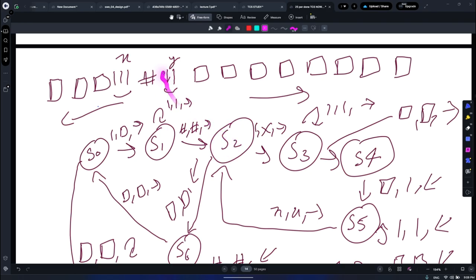So in S2 we are over here, and when we are over here, S2 makes 1 of the first Y, we are here, and it makes that 1 an X firstly, and after making an X, if you see empty or equal to, then it means no ones are left.